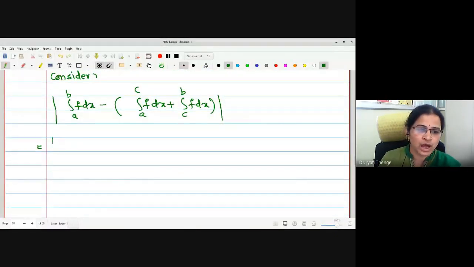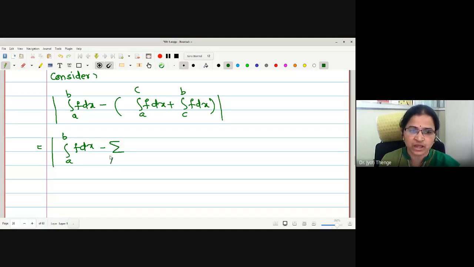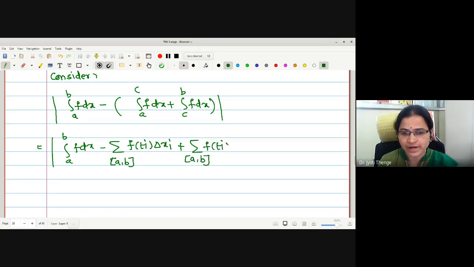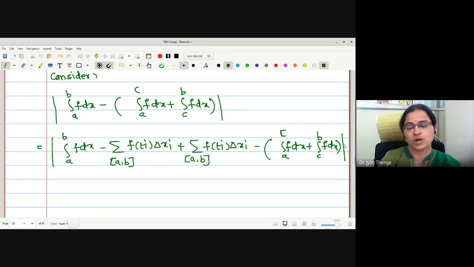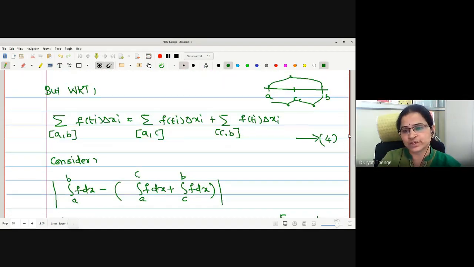Therefore, I am going to add and subtract one summation. We are going to add and subtract the sum on closed interval a to b f of ti delta xi. I have subtracted, then I am going to add the same. This is a small adjustment we have made in order to use the Riemann sum definition of integrability. Now we have to use equation number 4.